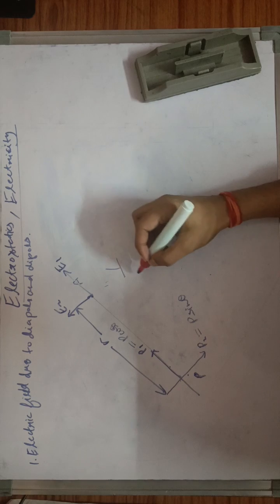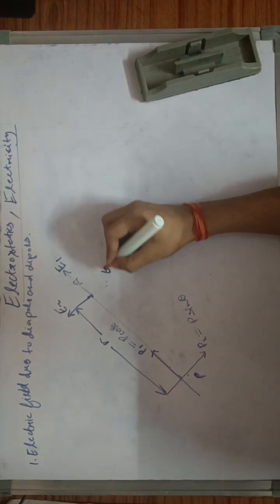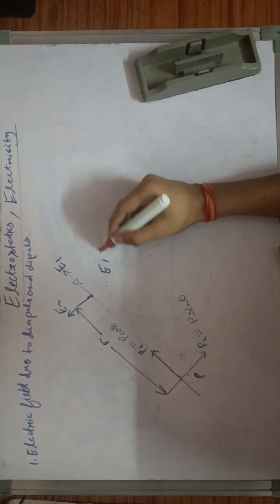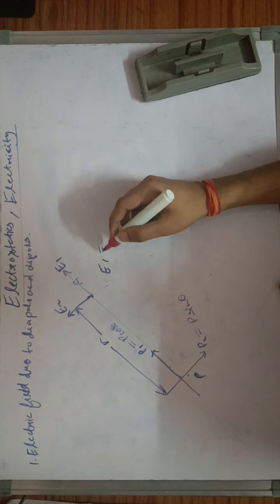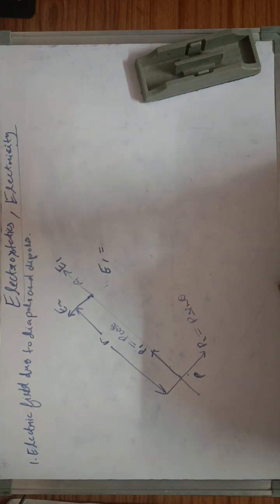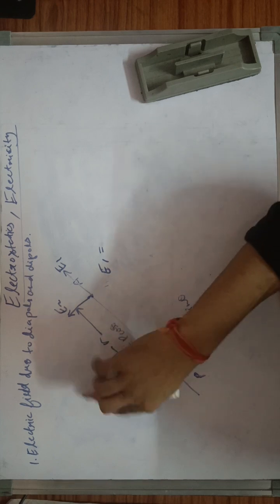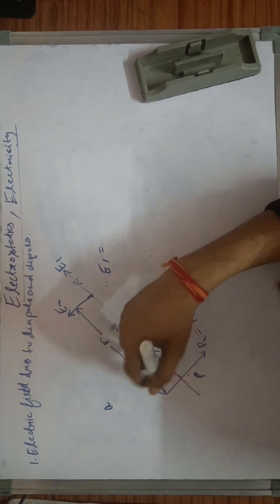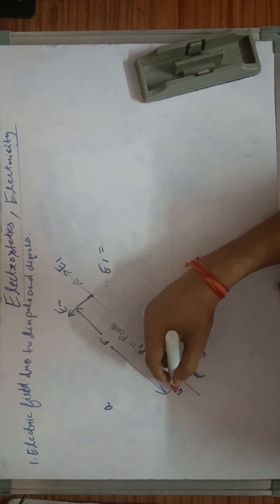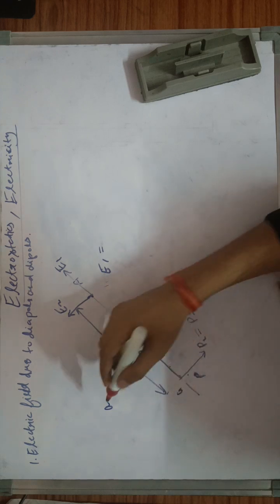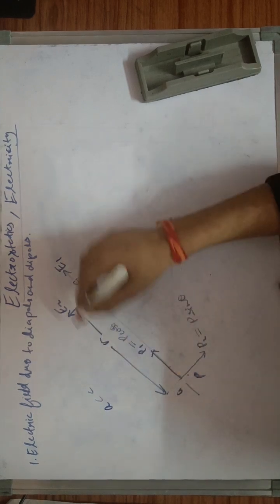The value of this E1 is equal to the formula of, let's say that this dipole moment is very small. Let's say this is the half length of this dipole moment, A, then A is very small compared to this R length.